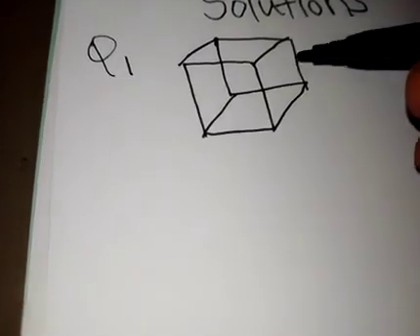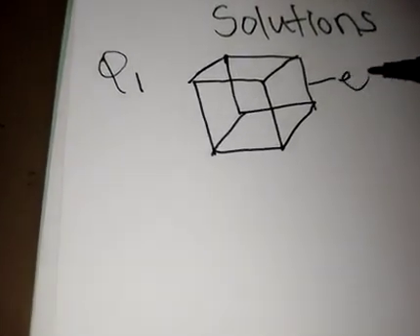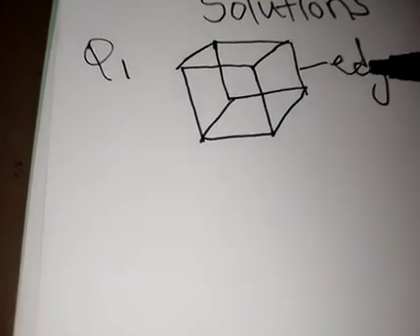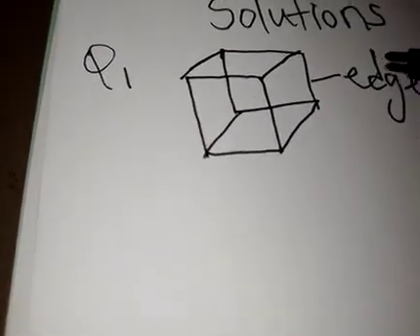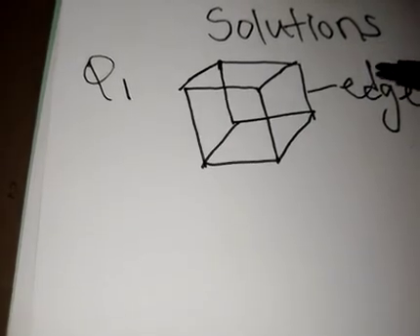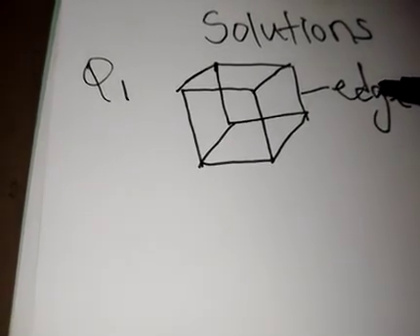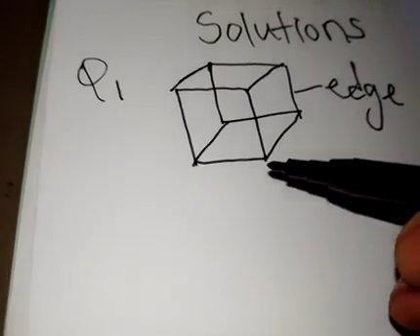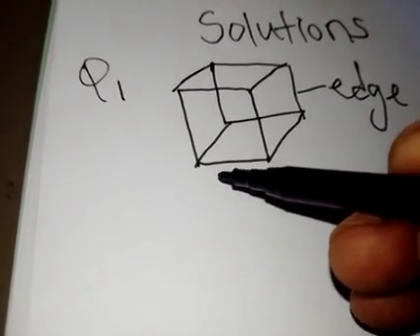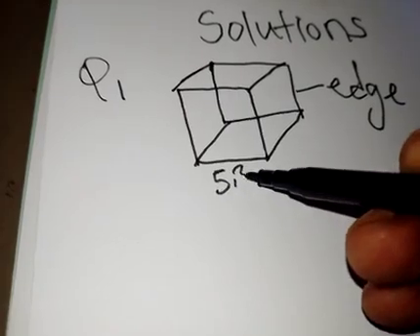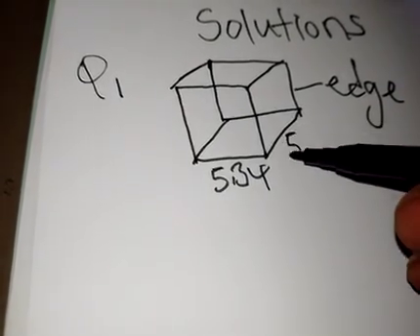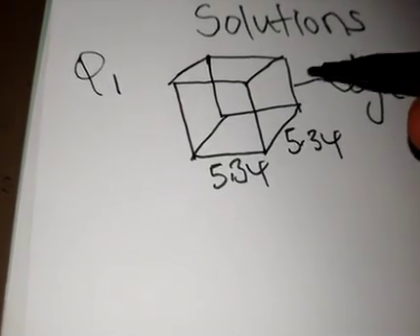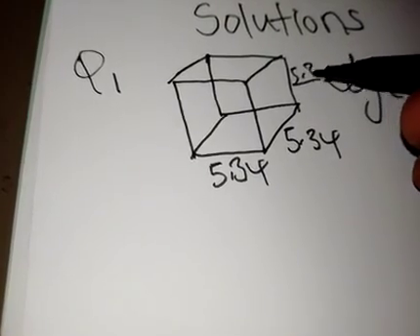The edges. This is a cube, that's the edge. Okay, so each of these edges are 5.34 centimeters each. So length there 5.34, so we have 5.34. Even there it's 5.34.